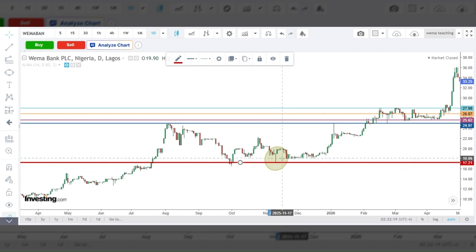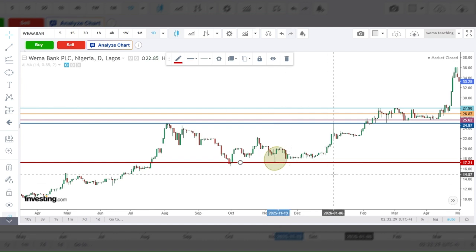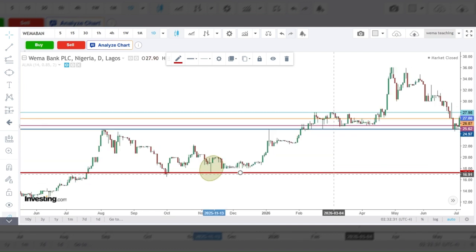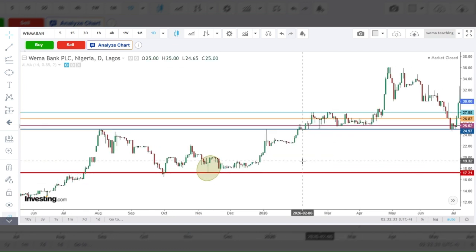Anytime a candlestick aligns with support, it is always a strong reversal on the horizon, which means traders should always watch.